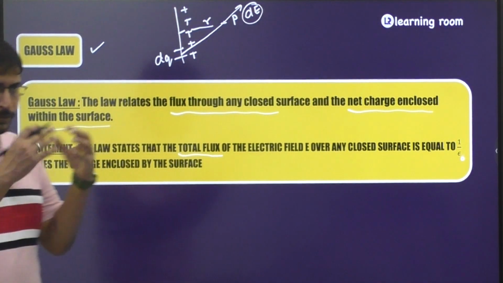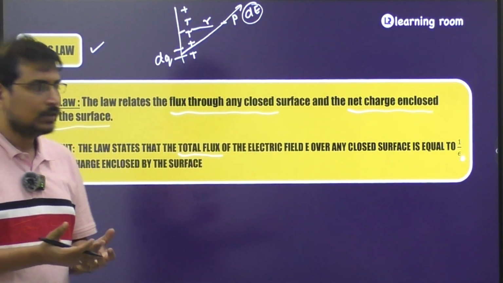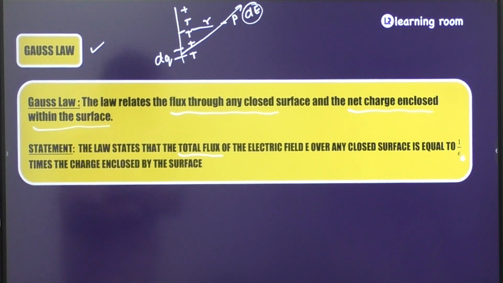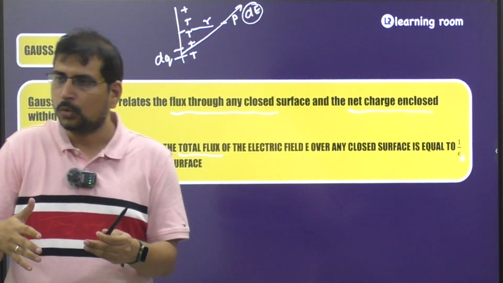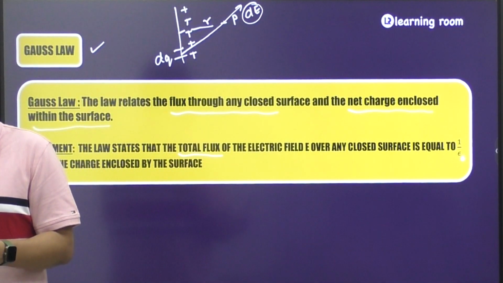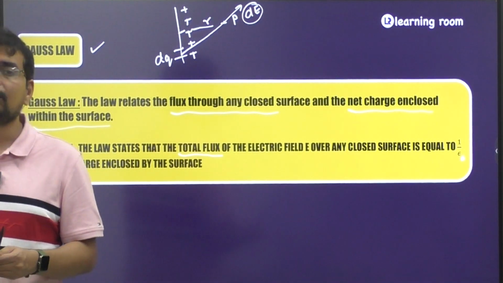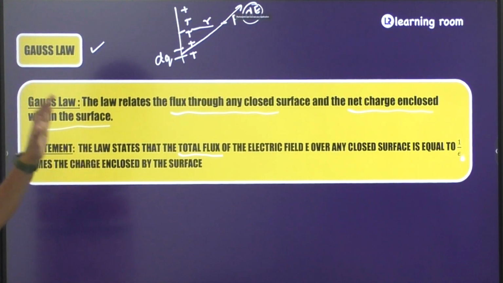To define flux, what do you need? You need a closed surface in the first place. So you can always relate the total flux coming out of or going into a closed surface, which is equal to 1 by epsilon naught times the total charge enclosed within the surface. That's what the statement is.